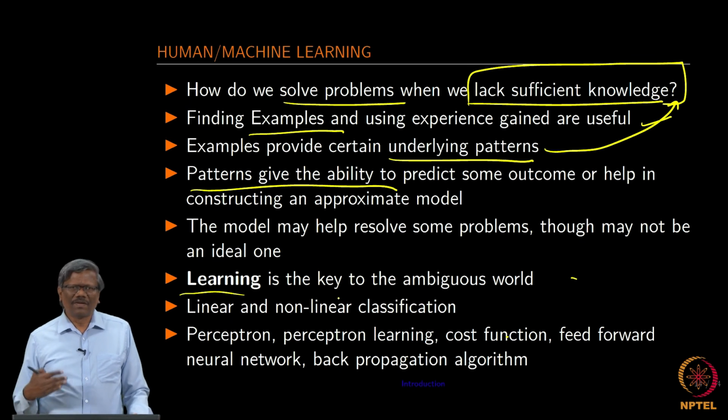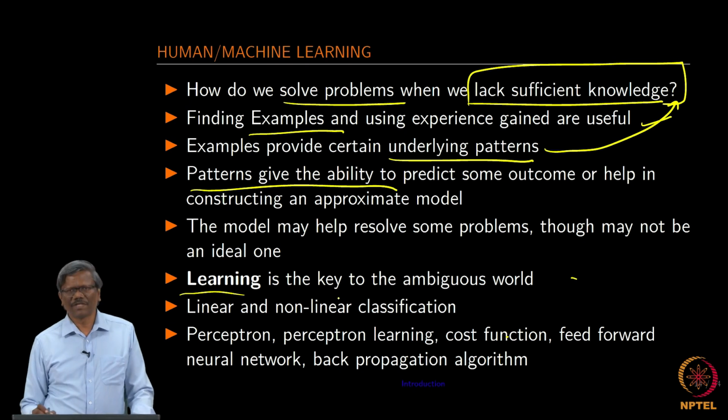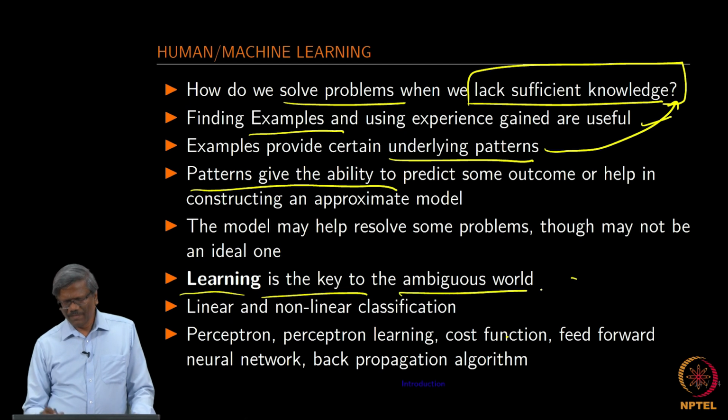The systems are learning as they move along. So, learning is one of the most important things to have in order to really work in the ambiguous world. So, keep learning from the examples.